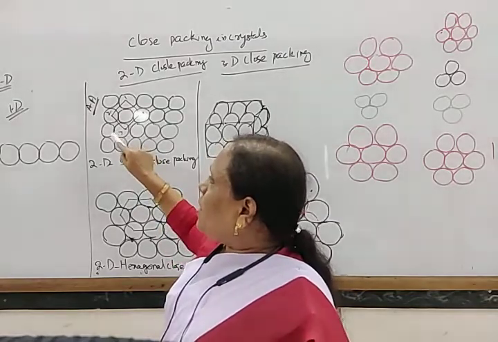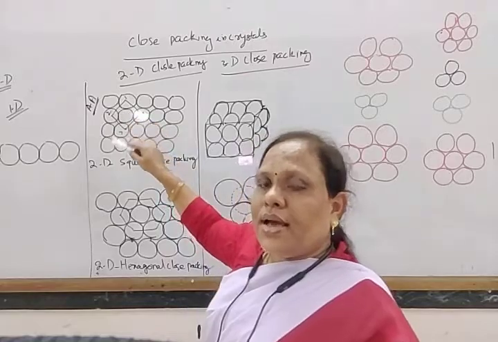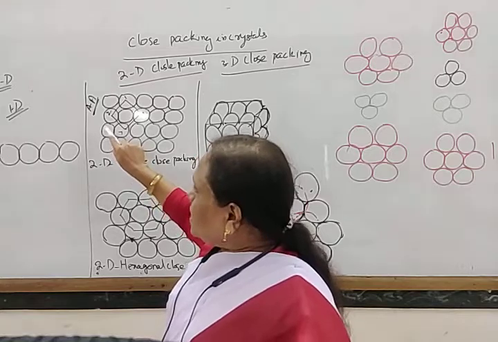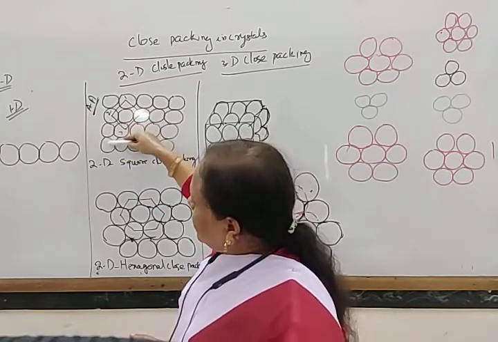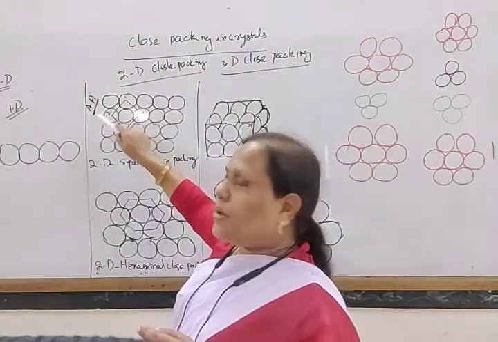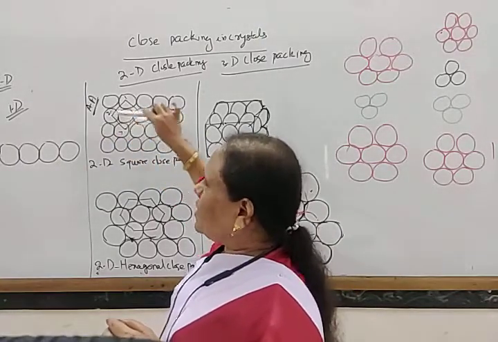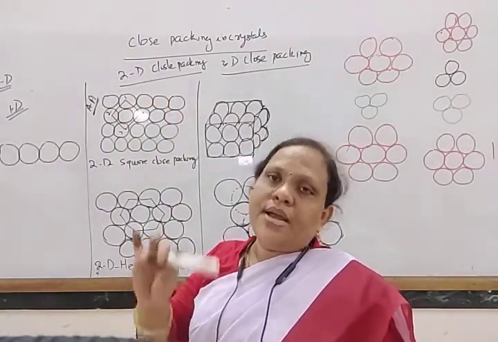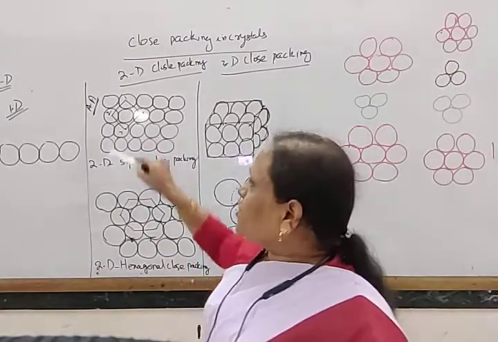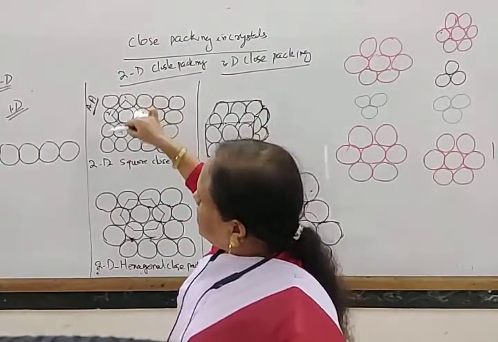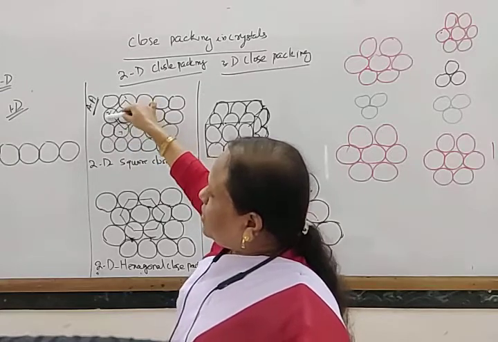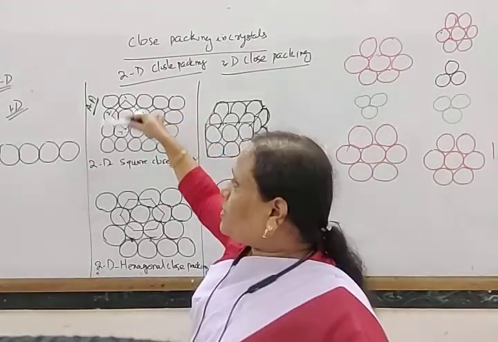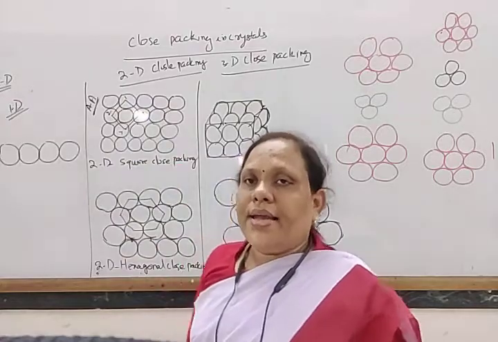Here, one sphere remains just above one sphere and below one sphere, and one layer remains just above one layer and below one layer. This type of arrangement is called AA type arrangement.